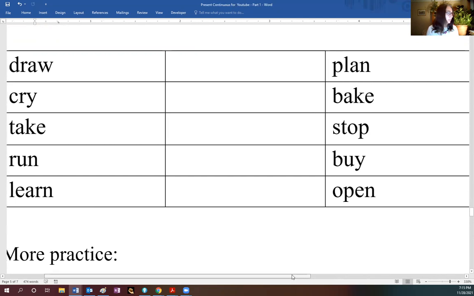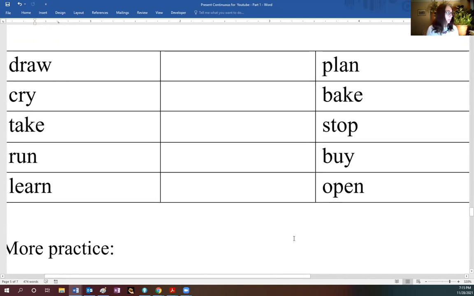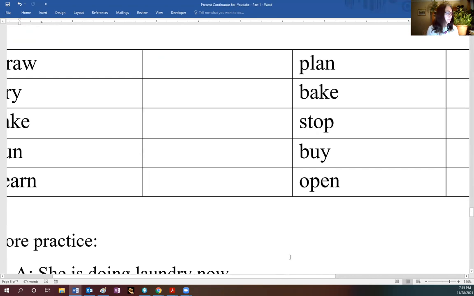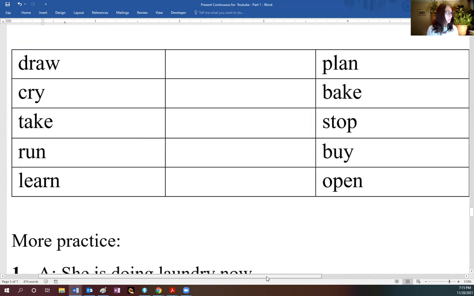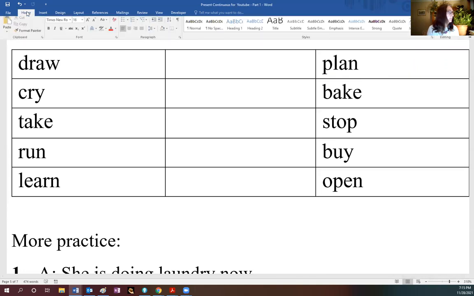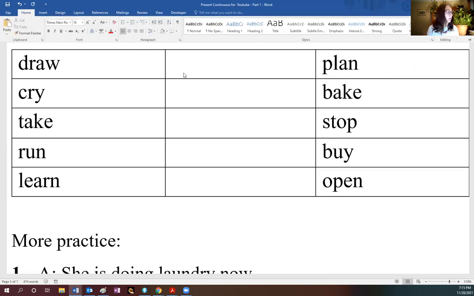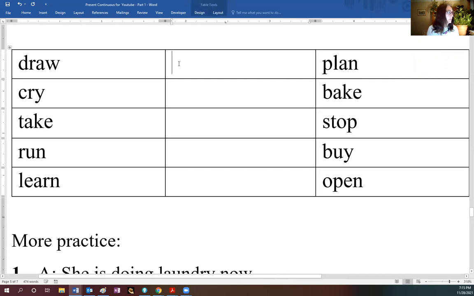Please pause the video right now, copy these verbs in your notebook, try to add ing, and then when you're done, you can play it. So I will show you one. Okay, so let's make it in red, draw. And how do I add ing? I will add drawing. Just ing here. Okay, and for some reason, I am drawing a picture.